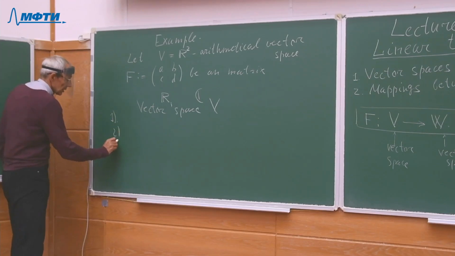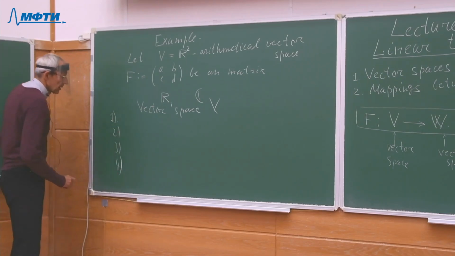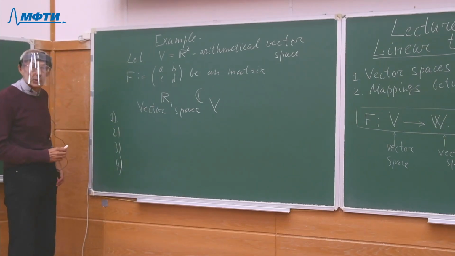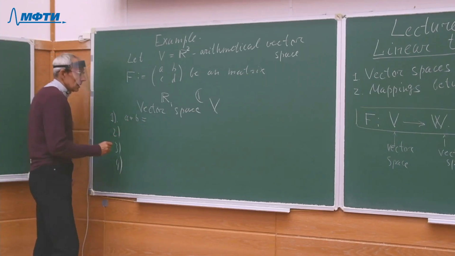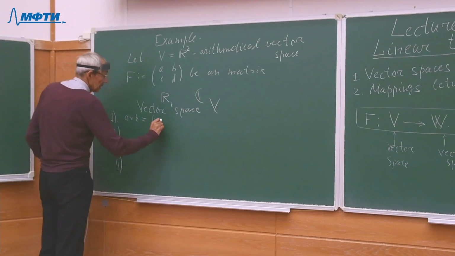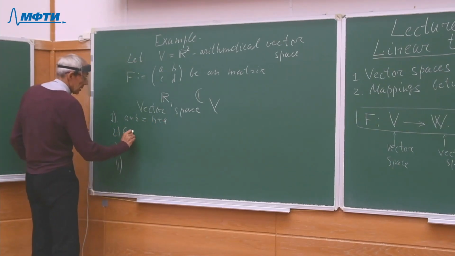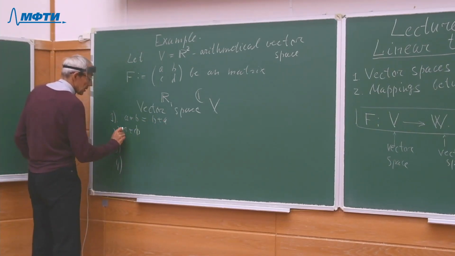Vector addition satisfies the four following axioms. The first of these axioms, commutativity. Second, associativity.